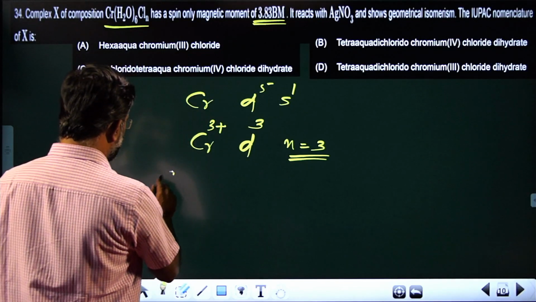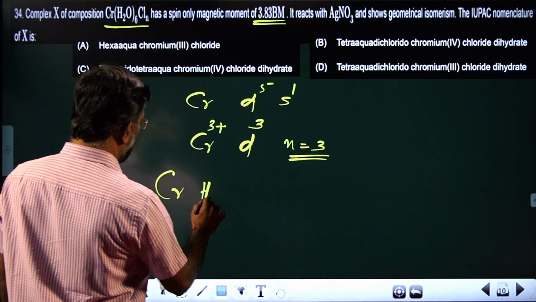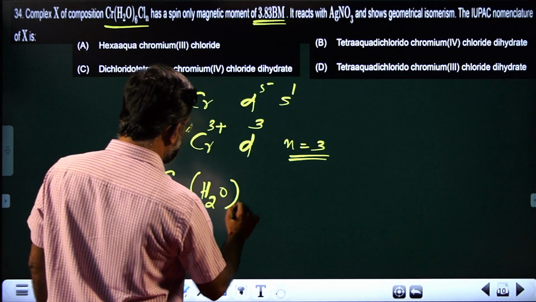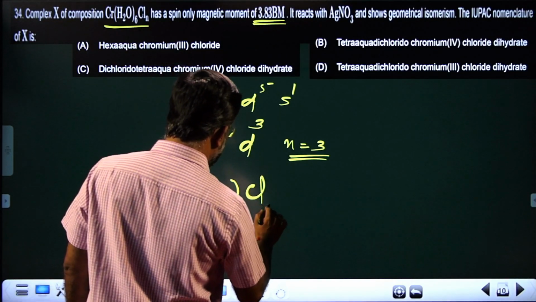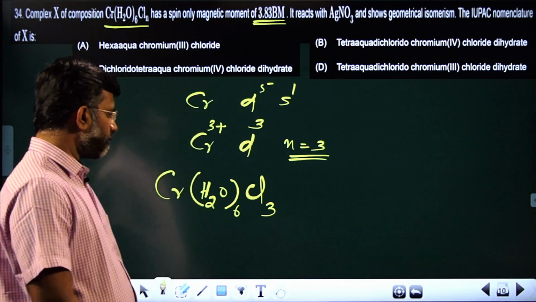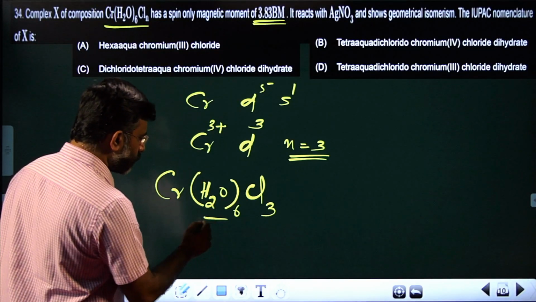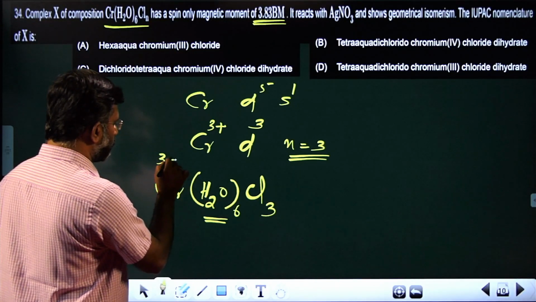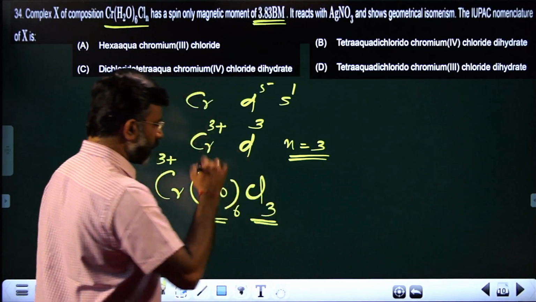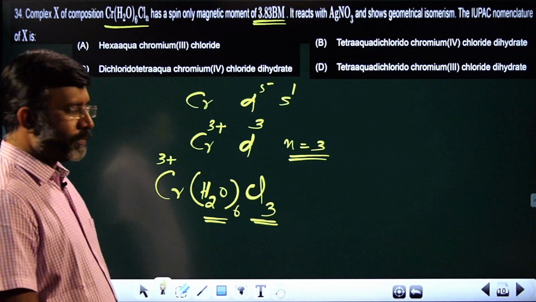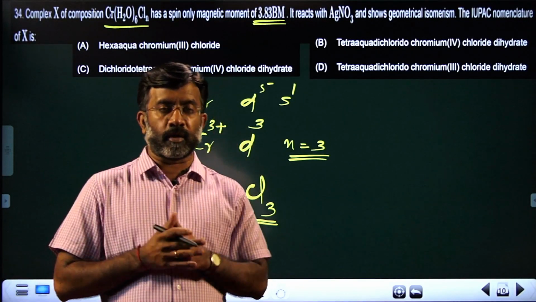Therefore, the complex CrH2O6 Cl n becomes CrH2O6 Cl3. Why? Because this is neutral. In order to have 3 plus here, there must be 3 chloride. Now, what is the formula for the complex?